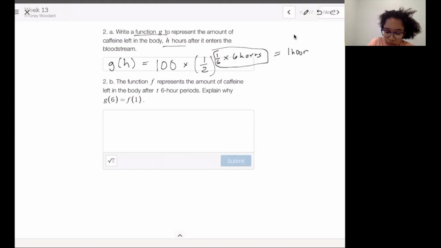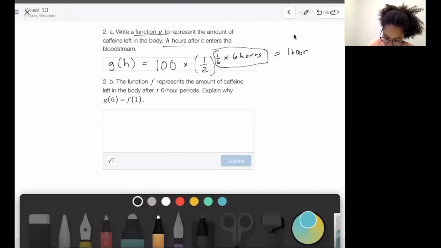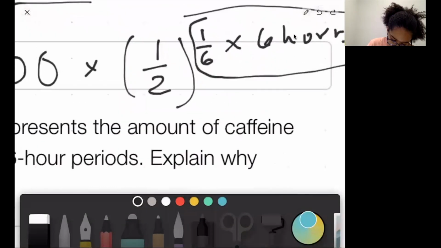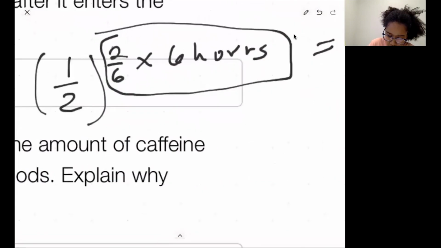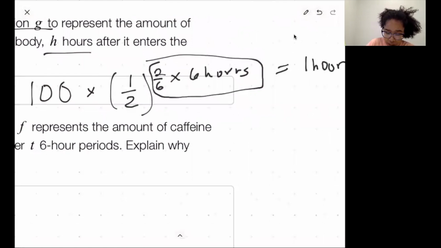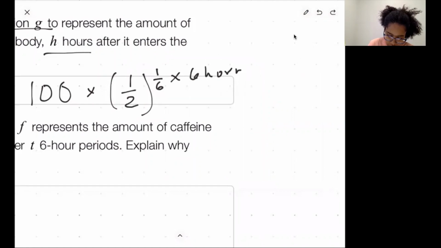So if I want to know about 2 hours, I could change the numerator into a 2. And since the denominator clears by multiplying that by 6 hours, I'm left with 2 hours. If I change the numerator to 3, I'm left with 3 hours. So then I'm going to be wondering how, this would be the quickest for me.